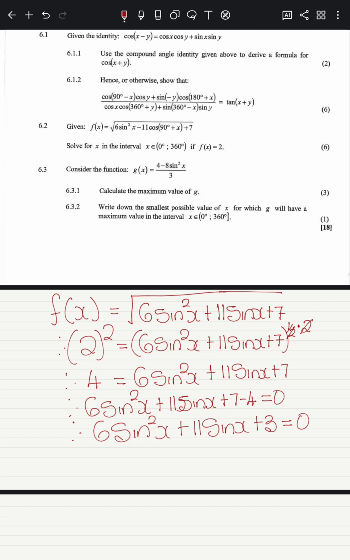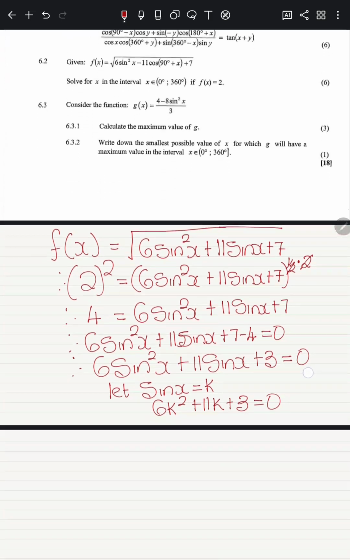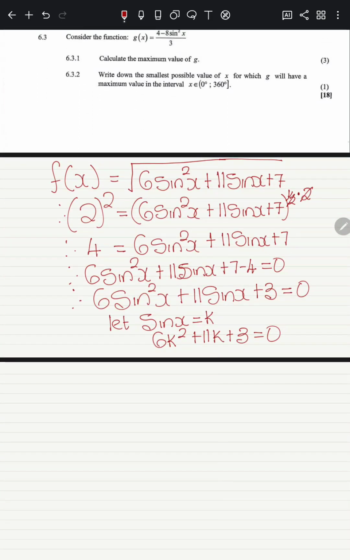So what I'm going to do, just to make sure that it is very simple, is to say let sine x be equal to k. So it's going to be 6k squared plus 11k plus 3, which is equal to 0.